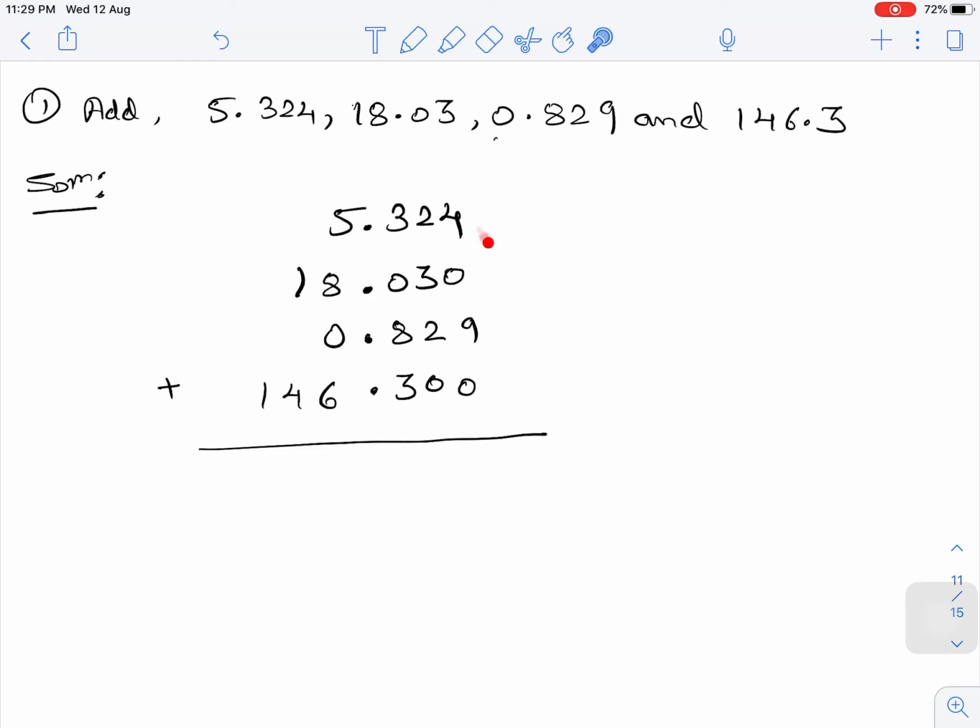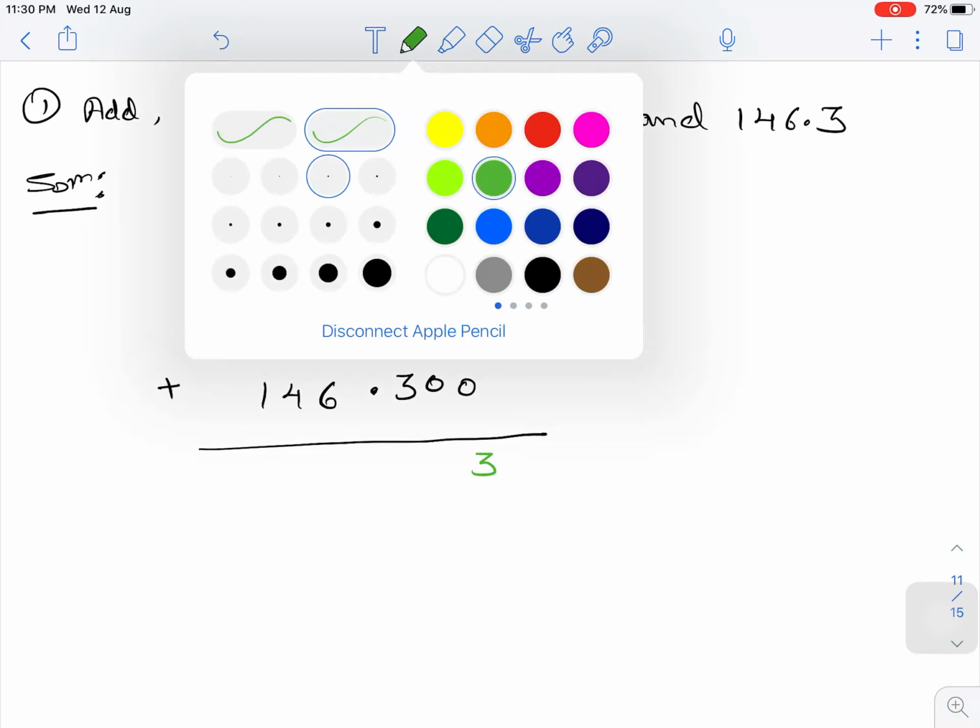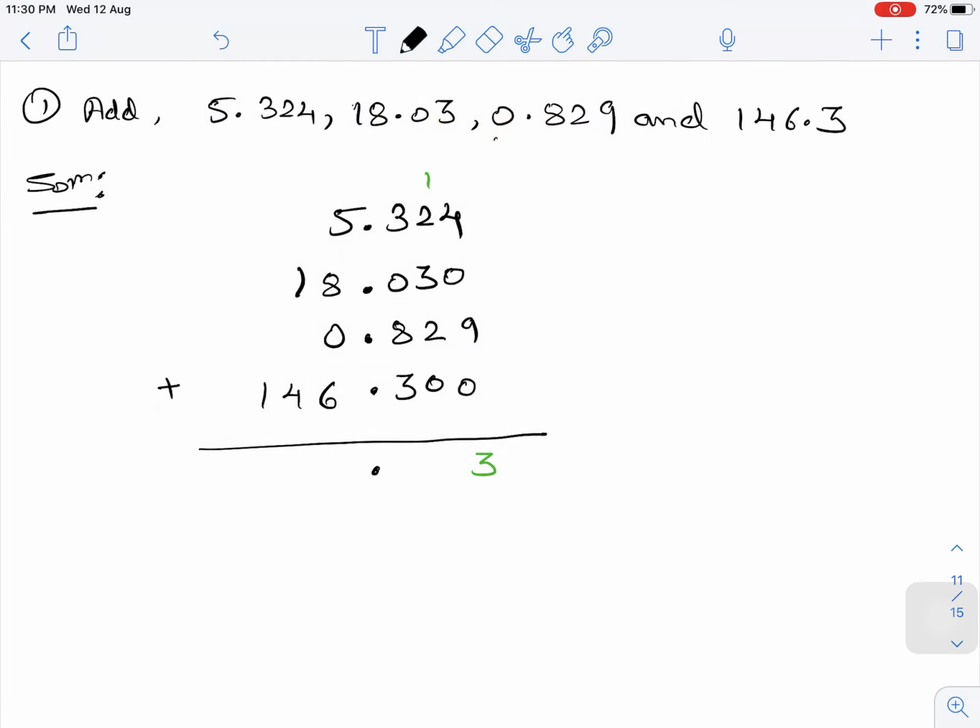So how to add them? 4 plus 9 is 13. So 1 we carry and 3 we write here. I'm putting the decimal over here. Now 1 plus 2 is 3, 3 plus 3 is 6, 6 plus 2 is 8. The next column: 3 plus 8 is 11, 11 plus 3 is 14, so 4 we write here and 1 we carry over here.